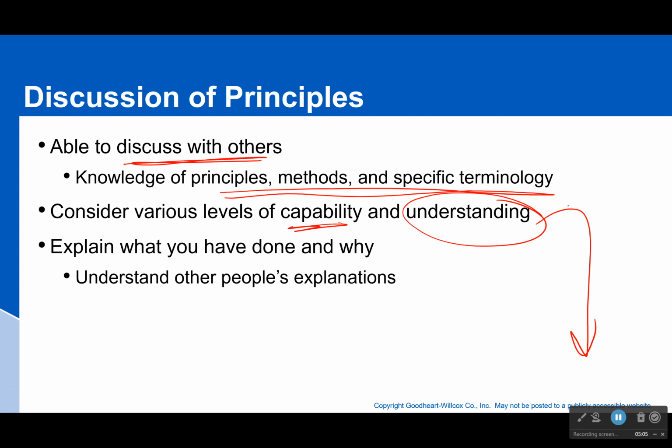But if you're working with the elite of the elite, the guy or woman who's been there like 20 years, they know a whole lot. So make sure you know who you're talking to. Also, always be able to explain what you have done and why. If you don't have a reason for why you did something, that's bad. There should be a reason for everything you do.